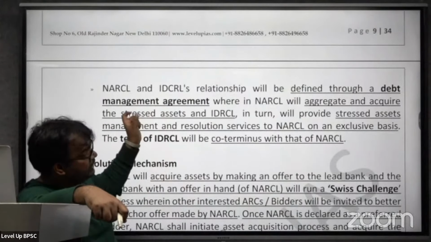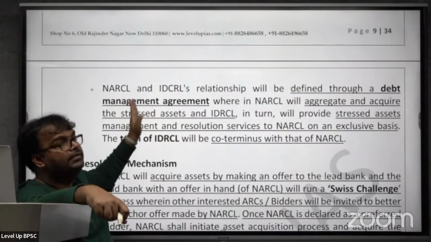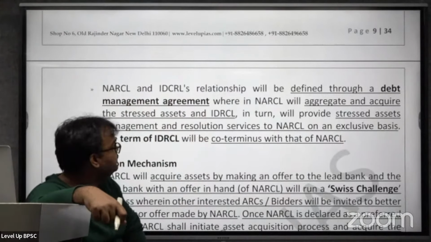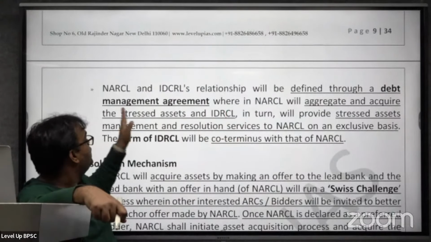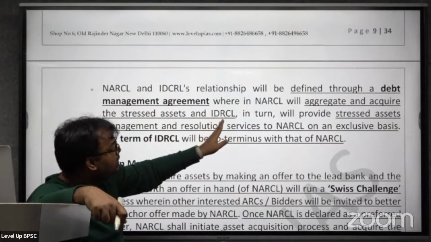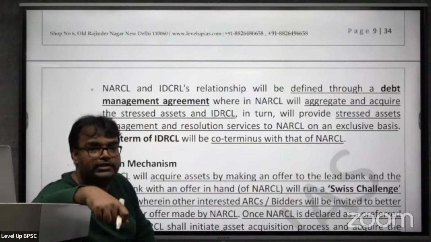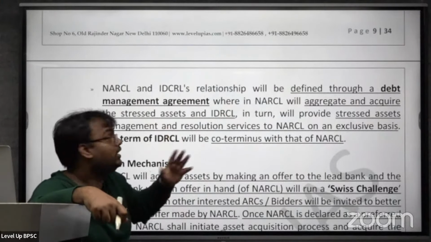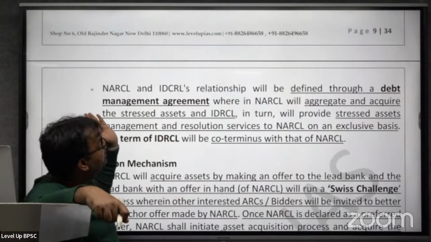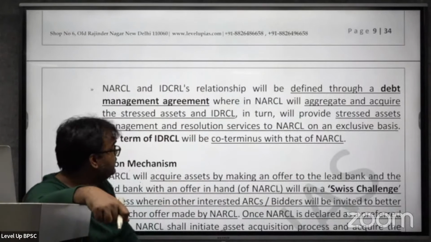The relationship between these two will be defined through a debt management agreement, wherein NARCL will aggregate and acquire the stressed asset, and IDRCL in turn will provide stressed asset management and resolution services to NARCL. So NARCL is acquiring the stressed asset and IDRCL is trying to resolve that stressed asset.